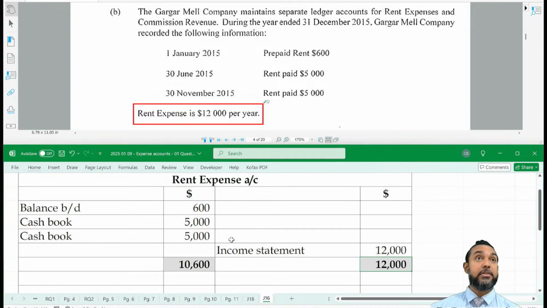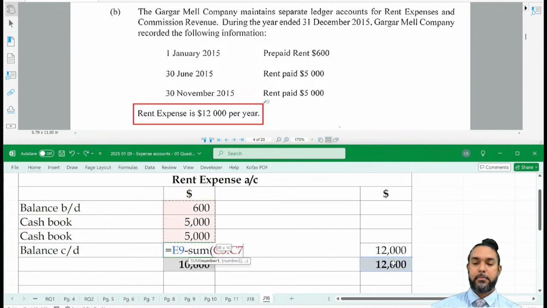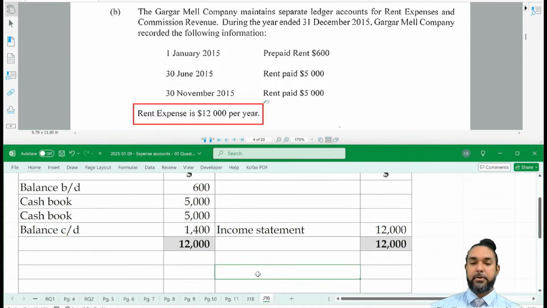So you still have some rent outstanding, which we know as an accrued expense. That will be found by balancing the account. So balance carried down: we find the difference between 12,000 and 10,600, which is 1,400. Then you bring the balance down, so balance brought down, 1,400.